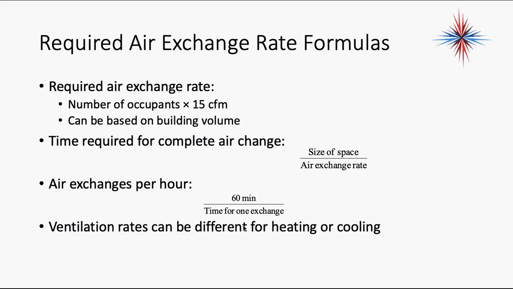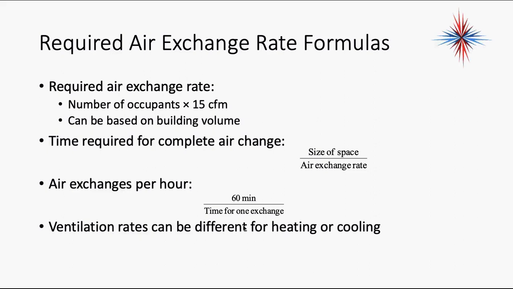that's on average in the building. Okay, so the time required for the air exchange is the size of the space divided by the air exchange rate. So if I have a 1,500 cubic feet building, which is relatively small, and I have an air exchange rate of 15 CFM, it's going to take 100 minutes to replace all the air in the building.